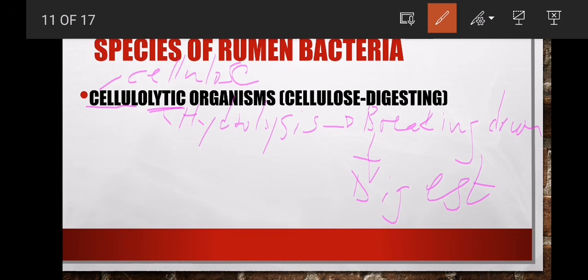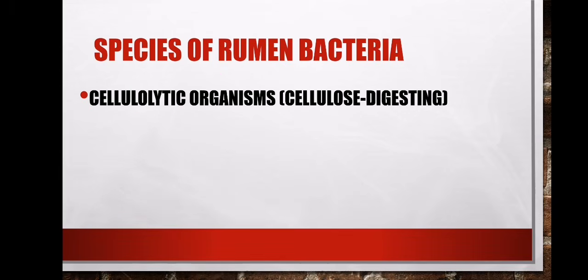That means the cellulolytic organisms or cellulolytic bacteria are bacteria that digest what? Cellulose. Hence, we call them cellulose digesting organisms. I hope you are clear on that one. I will come back when we summarize it.